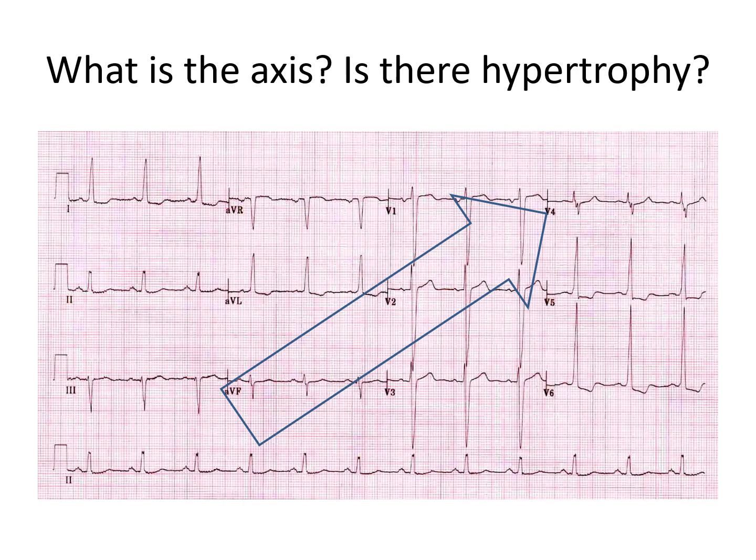It's AVL, so it means electricity is going leftwards and up. And if that's the case, we would expect AVF to be negative because it wants electricity to go down. And we would expect lead 3 to be more negative because it wants the electricity to go down and right, which is exactly the opposite of where it's actually going. So in 2 dimensions, there is left axis deviation, and the overall vector of depolarization is left and up.